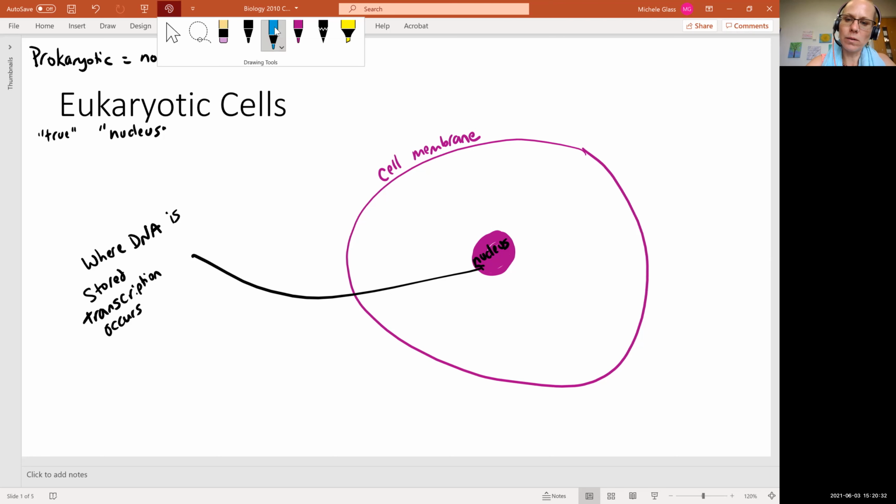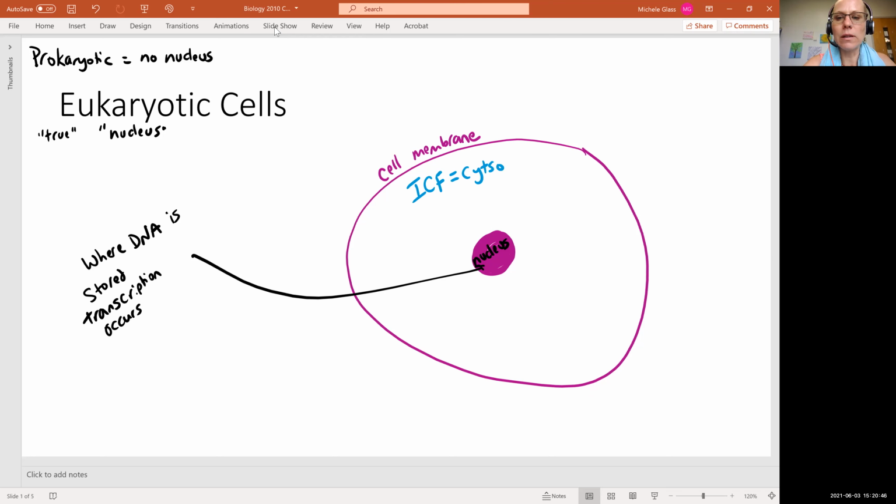We've also already said that all of the fluid inside the cell can be described as intracellular fluid, which we can abbreviate as ICF. And now we can introduce another name for this fluid called the cytosol. What we'll see is that in addition to the nucleus, the cytosol has what we can call organelles.